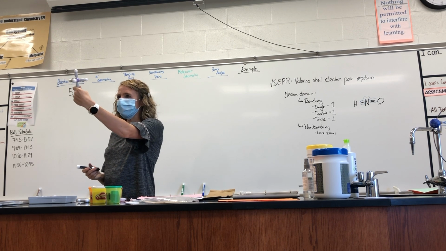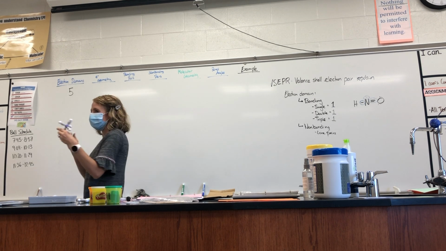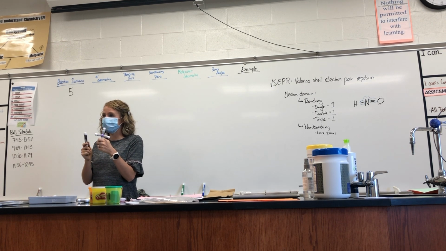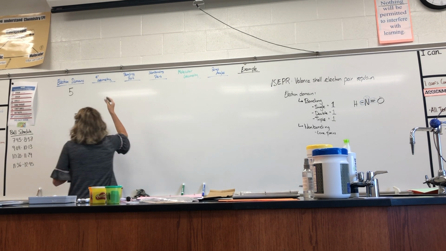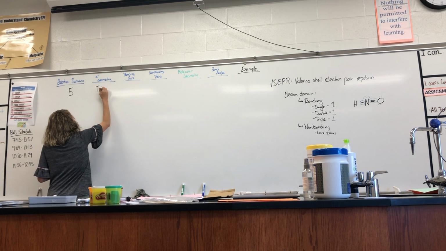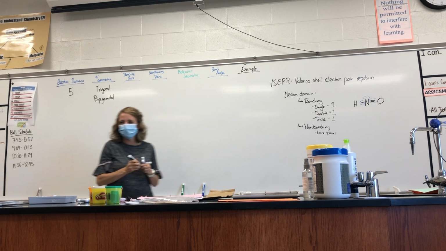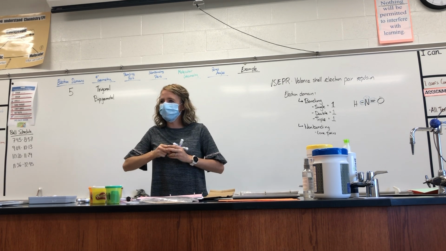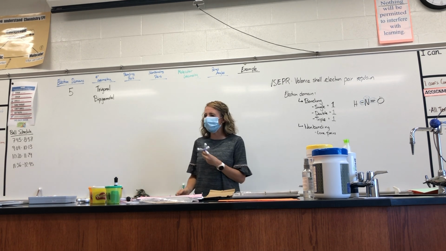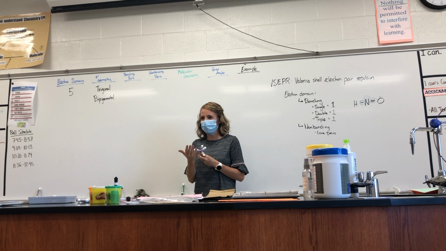Okay, this guy right here is called, once again, think of its name because it really does make sense. It's just a little weird. Break down its name. Trigonal means what? 3.